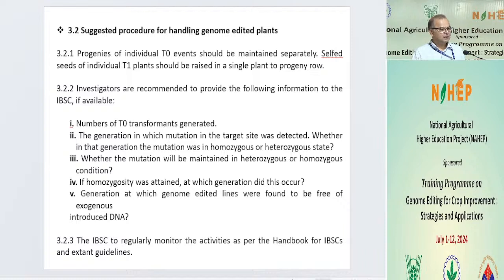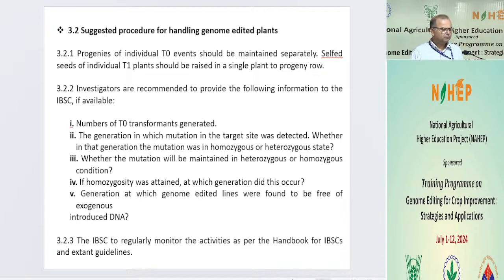So all these things you have to record, you have to do the experiment and record, and this information has to go to the institutional biosafety committee. And then the generation at which genome edited lines were found to be free from exogenous DNA. Once you have developed them, in which generation you found that they are segregated from the exogenous DNA. The IBSC regularly monitors the activities as per the handbook of the IBSC given in the DBT portal.